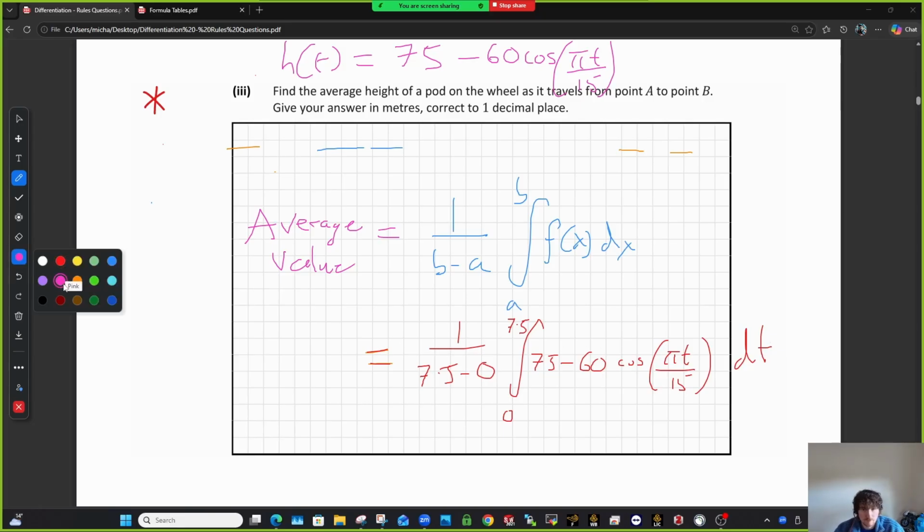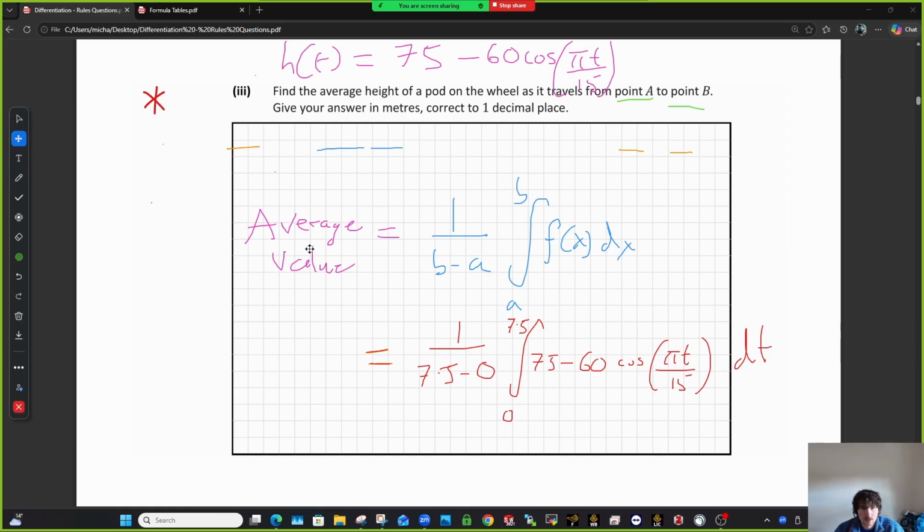We're just integrating the function with respect to t between the two points of interest to get the average value between A and B. I'm happy with that, so basically I've got to integrate that now.